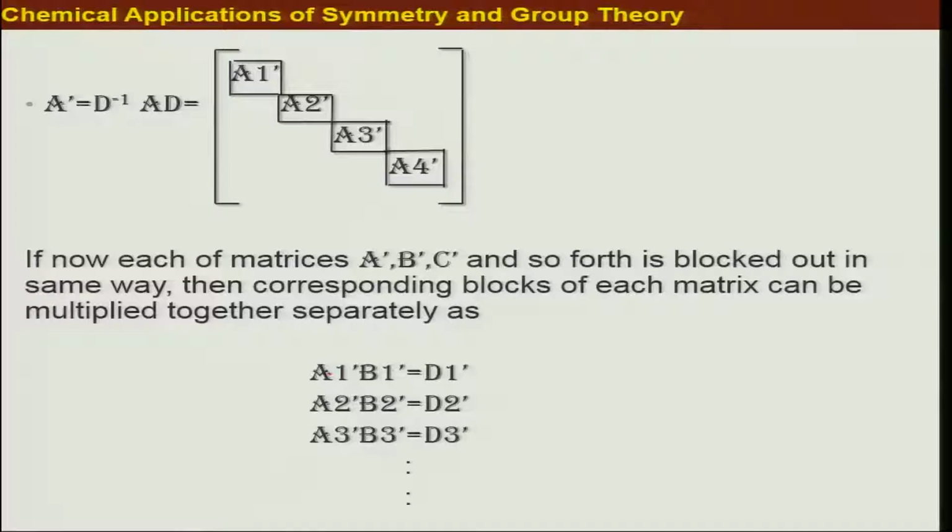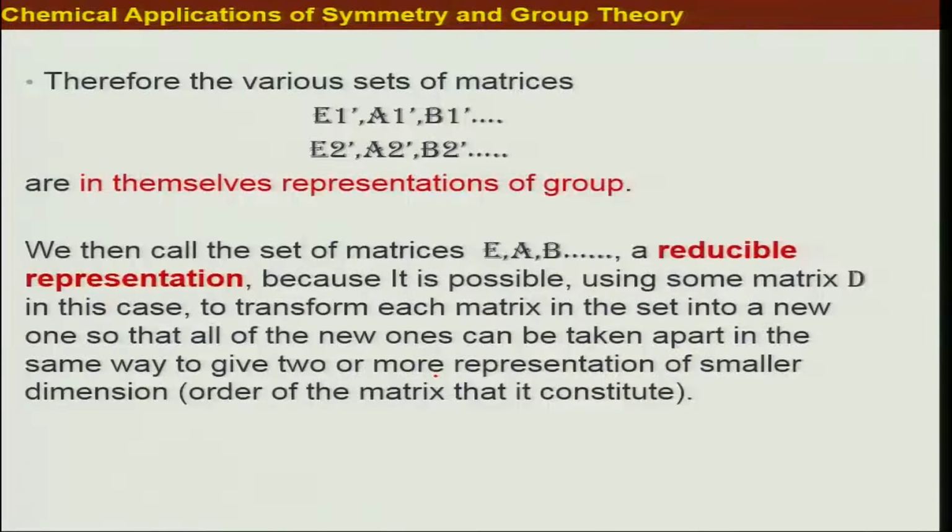So here, if I have to find the matrix form of D prime, then I just have to multiply these blocks A1 prime and B1 prime, we get D1 prime, and we can get the other blocks also in the same way. So I get these newly formed representations in terms of A prime or B prime or C prime, all these things, they form the representation of the group.